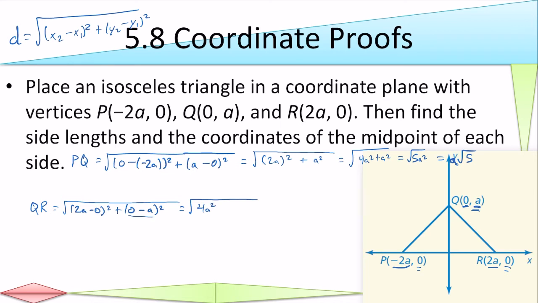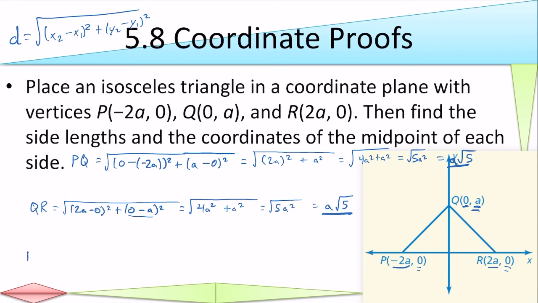And 0 minus a is negative a, squared comes positive a squared. Negative a times negative a makes positive a squared. So then I have 4a squareds plus another a squared would be 5a squareds. So I have the square root of 5, but the square root of a squared is a. So notice PQ and QR are the same length.